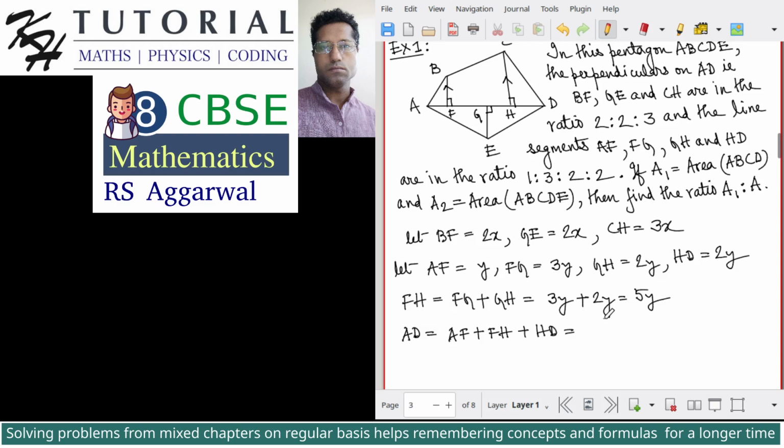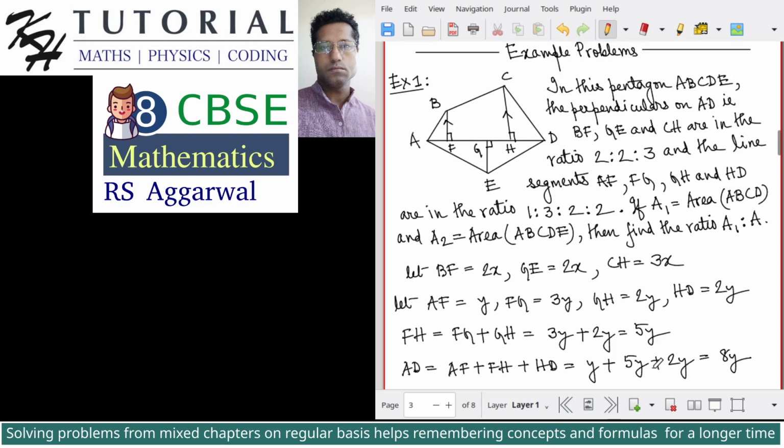AF is y, FH is 5y, and HD is 2y. So this is equal to 8y. So AD is 8y. Why are we calculating the length of the diagonal AD? Because we need to find the area of the lower triangle, that is AED.